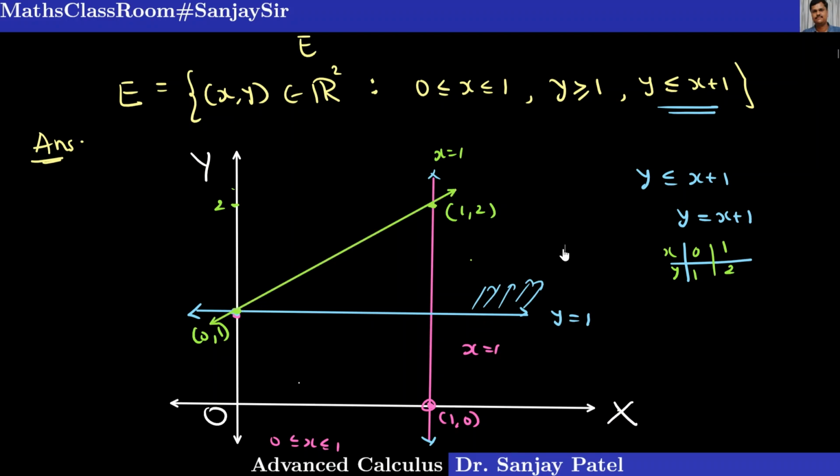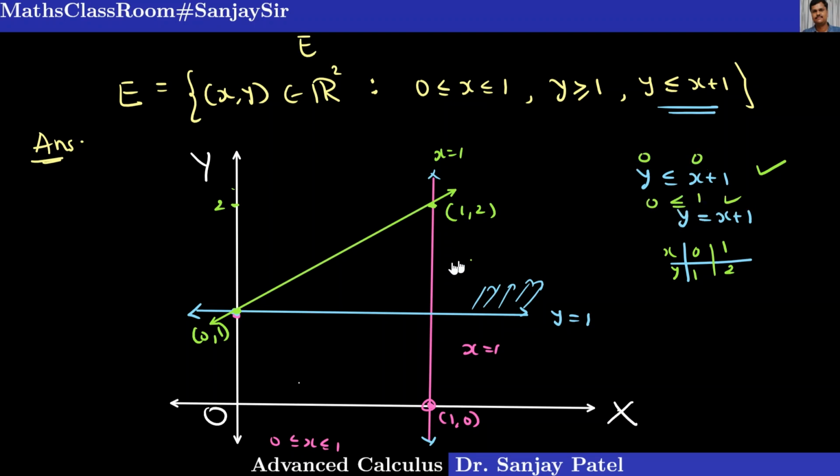So the region of integration, in this case, is y less than or equal to x plus 1. You just check by putting one value which is not lying on this line, say on which side of this line the origin lies, and whether it satisfies this condition. If I put the origin, x equal to 0 and y equal to 0, then I will get 0 less than or equal to 1, which is true.